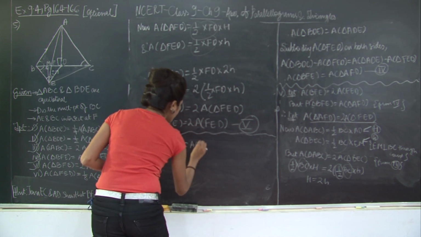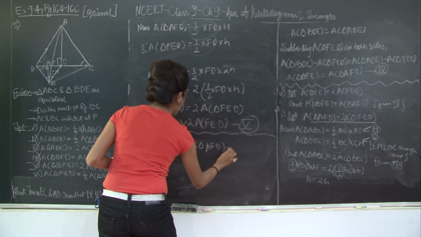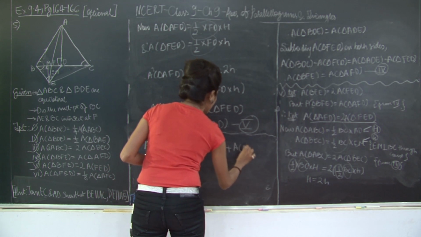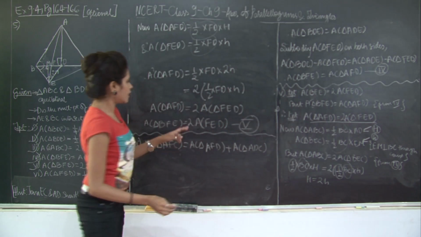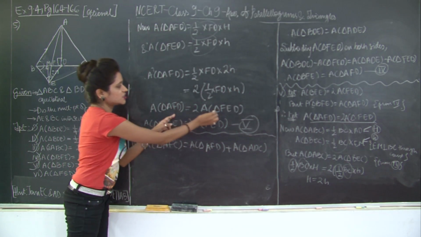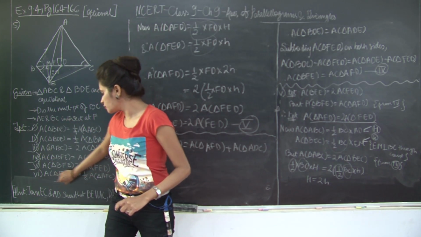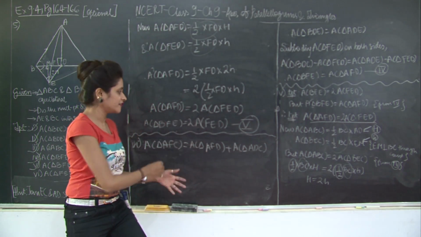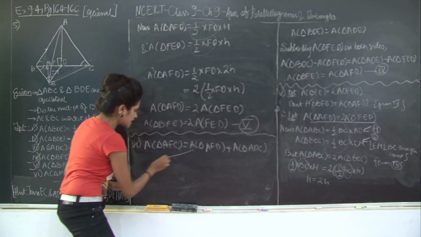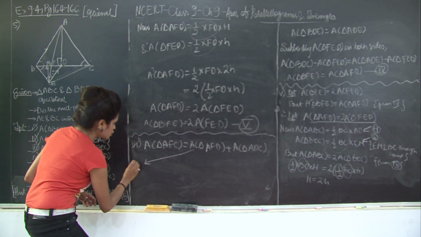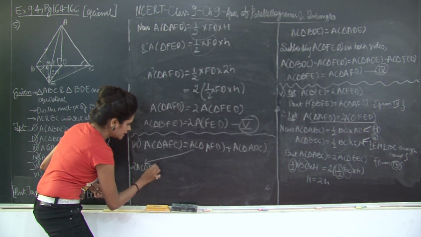This is equal to area of triangle AFD plus area of triangle ADC. Now if you notice, AFD is twice area FED. See, we need to derive everything in terms of FED. So we will try to come to FED using whatever we have proved so far. So I am going to write this as twice of area of triangle FED.